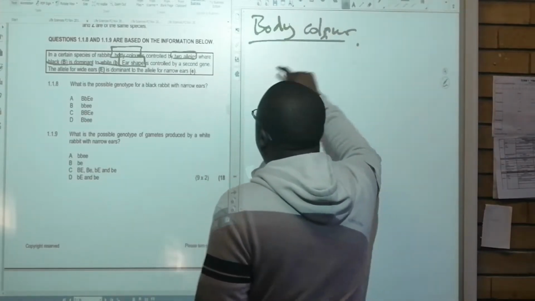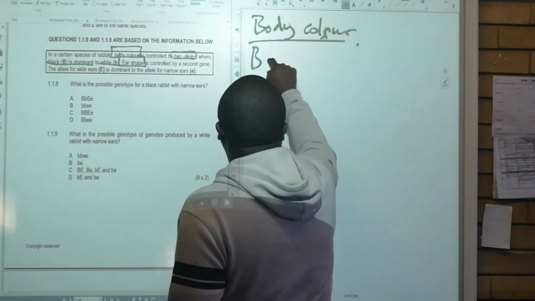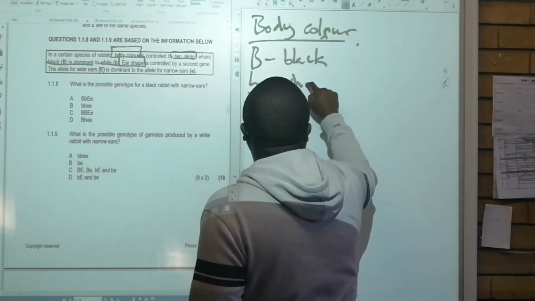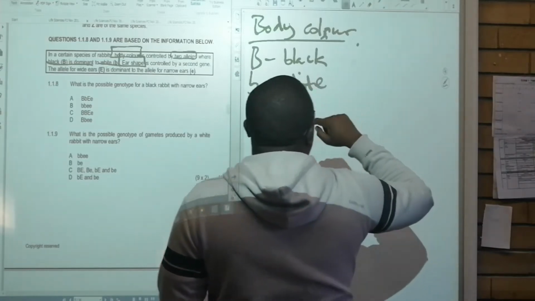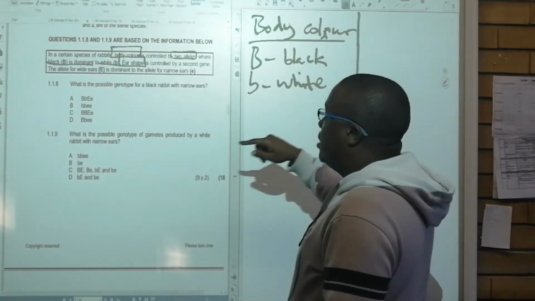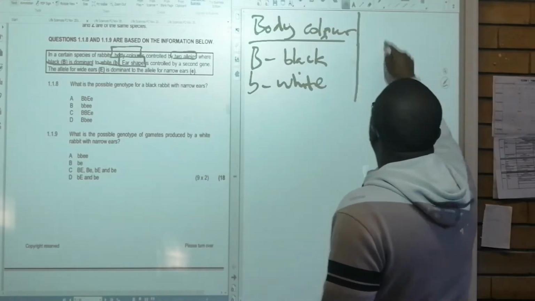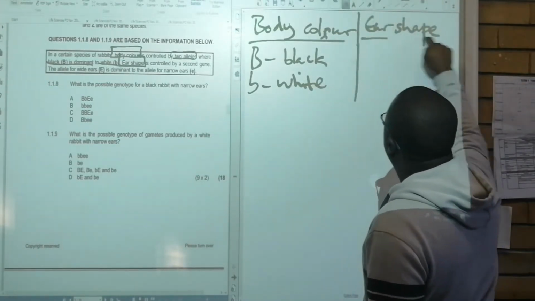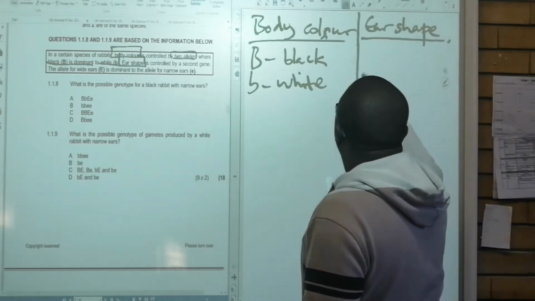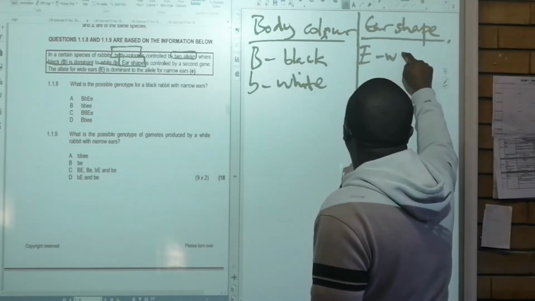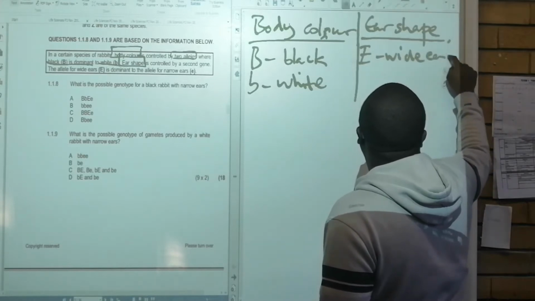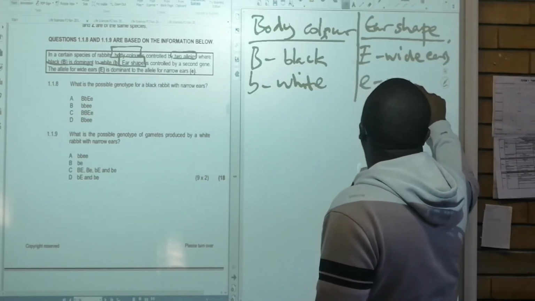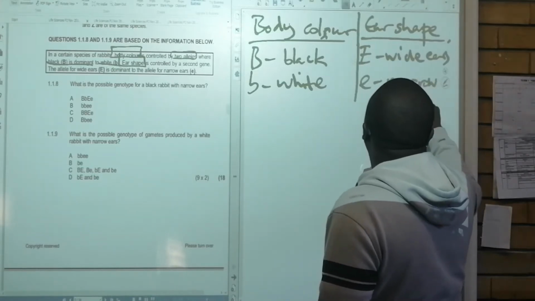So in body color, black is dominant to white. And we have another characteristic, ear shape, and in ears, white ears are dominant over narrow ears.